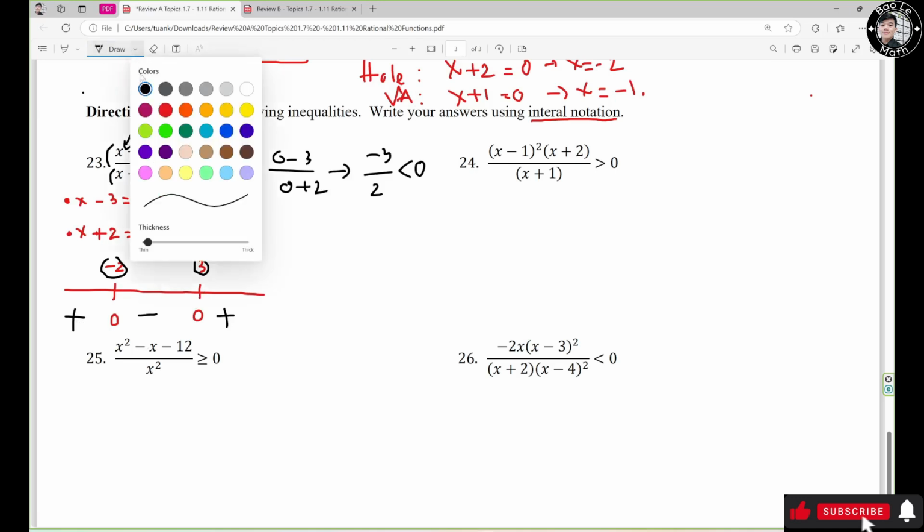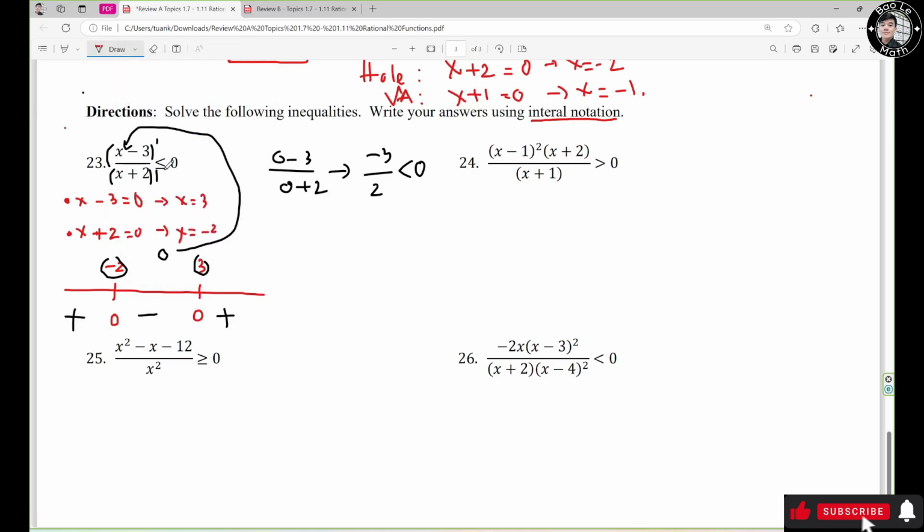Now, I need to write the solution. I need this to be less than or equal to 0, right? So my solution should be from here to here, right? Since this one has the equal sign, I need to include the 0 of the numerator, right? Don't include the 0 of the denominator, so keep that in mind.